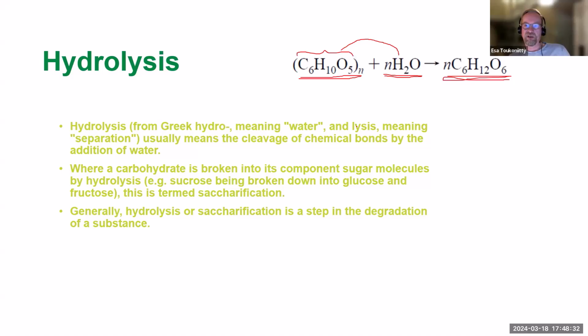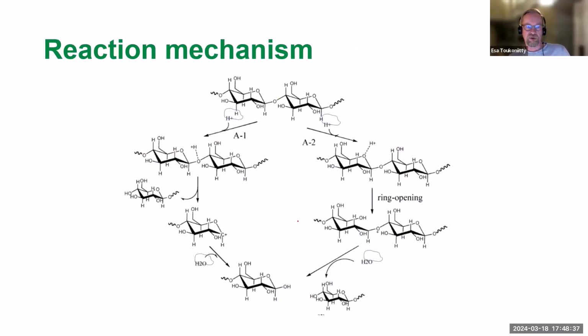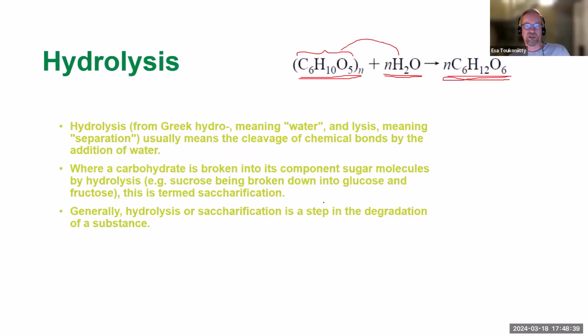this is the sugar monomer chemical structure, but I don't know if I have a good picture. There is a slightly better one. But the water basically adds to the chain and breaks it so that we get these smaller sugar molecules.